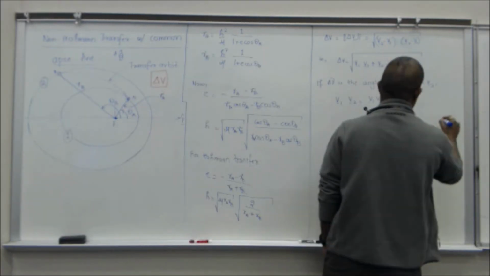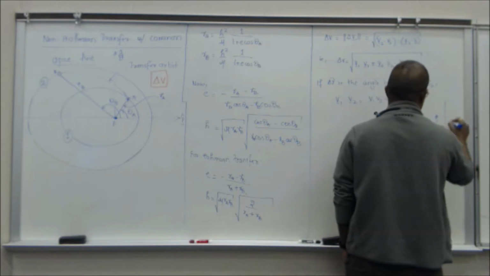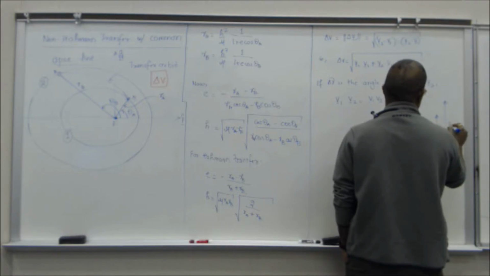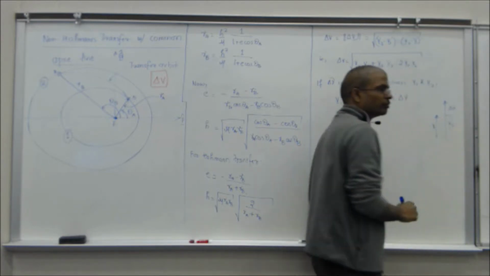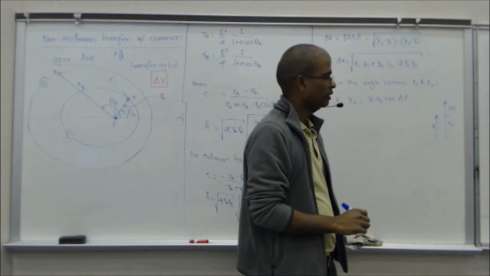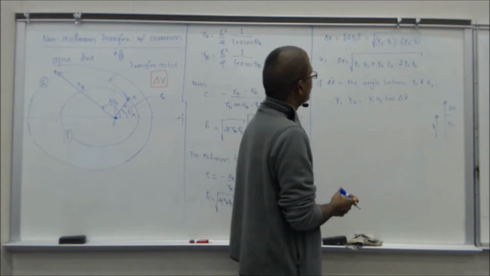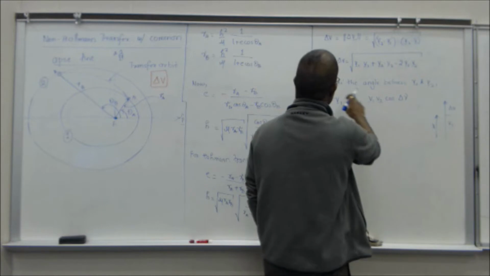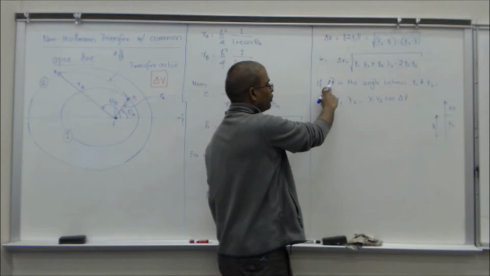So when you're talking about Hohmann transfer, let's say this is V2, V1, right? So this would be delta V, right? So you can just pretty much ignore it. Even if you just apply this, what is the angle between V1 and V2?